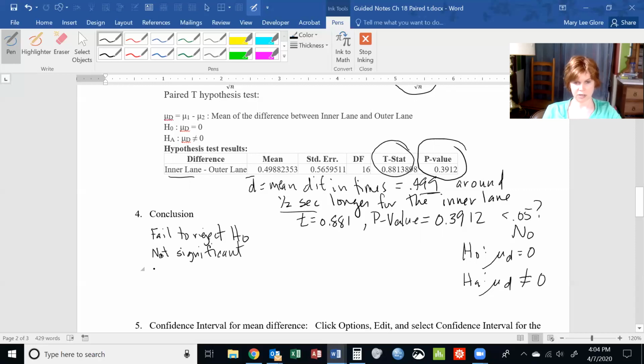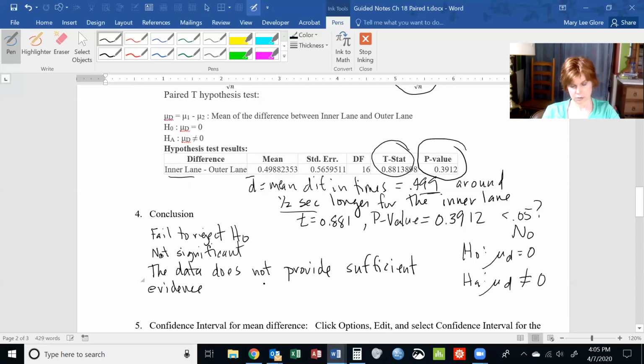And the last one is this data does not provide sufficient evidence that there is an advantage to either lane.